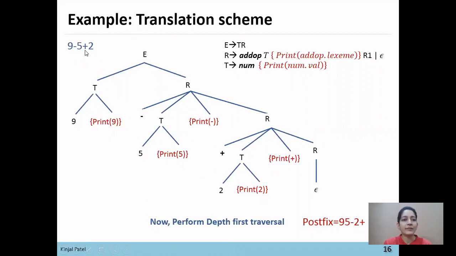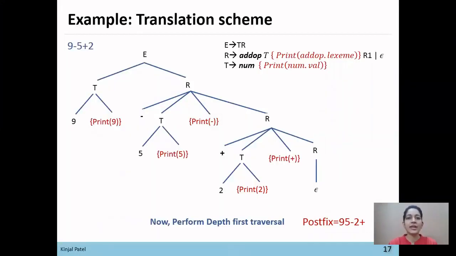So if there are two different operators in the same expression, like minus and star, means two operators with different priorities are used in the same expression, then also the first operator will get evaluated first in the parse tree, then the second operator. So this parse tree gets generated in the manner of the operator which comes first in the expression. Okay, so using this translation scheme, we can construct a parse tree for any expression.